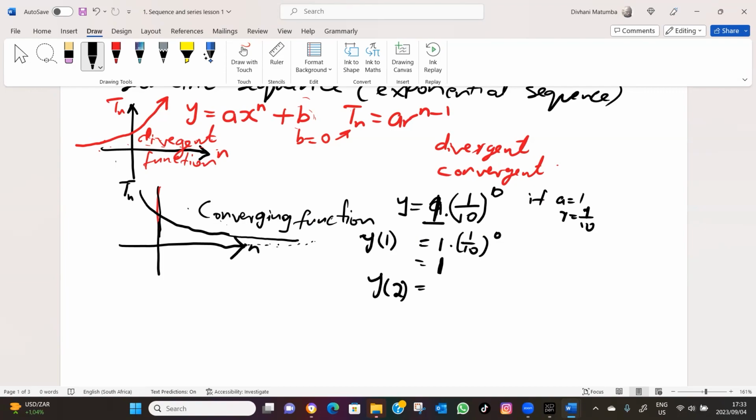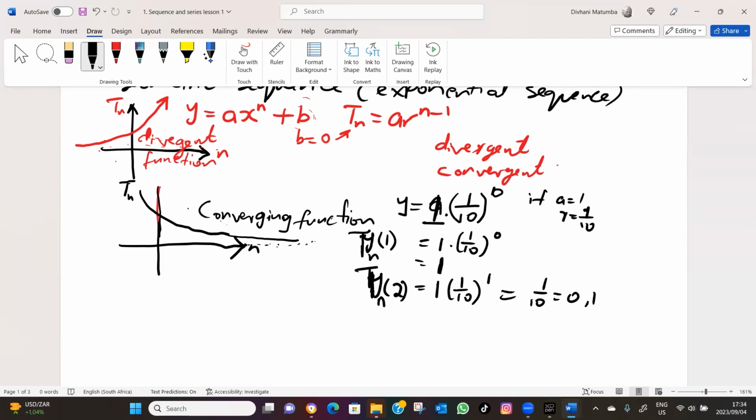If n equals 2, then we will have 1 times 1 over 10 to the power of 2 minus 1, which is 1. This is going to be 1 over 10, which is 0.1.